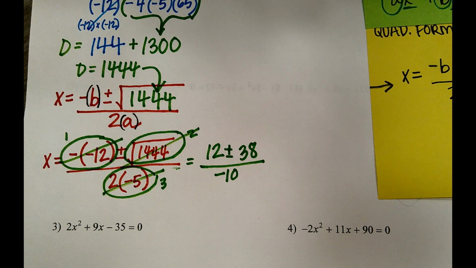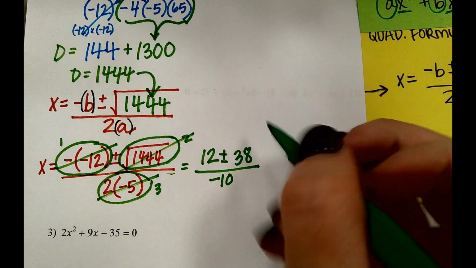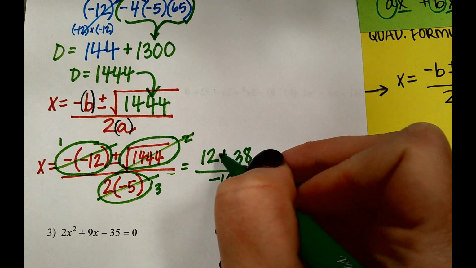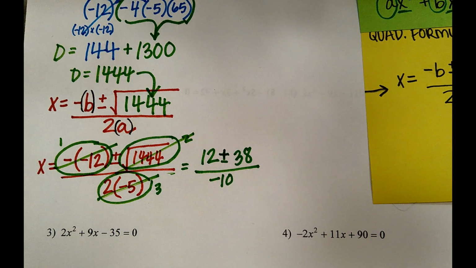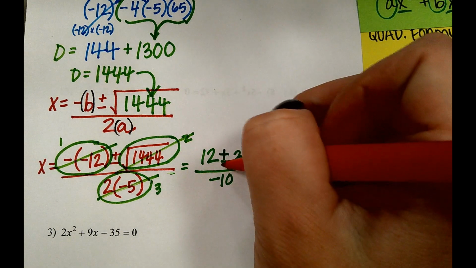Okay, we're almost to the end. Who knows what we do next? You take 12 plus 38 over -10. And then you do 12 minus 38 over -10. Good. So here's where we split up the plus and the minus.